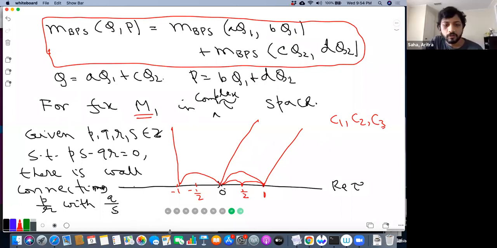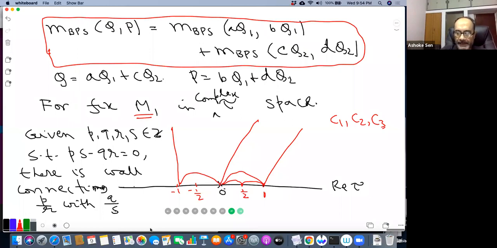Also, I had another question. You mentioned that towards the end, we have to take the large charge expansion. Is that because we are dealing with black holes? That's why we want the charge to be very large? Yeah. I mean, we don't have to take it. The index has been computed, you can do it also for finite charges. But if you want to compare to the black hole entropy, the black hole entropy, the way it is calculated, is by using supergravity.